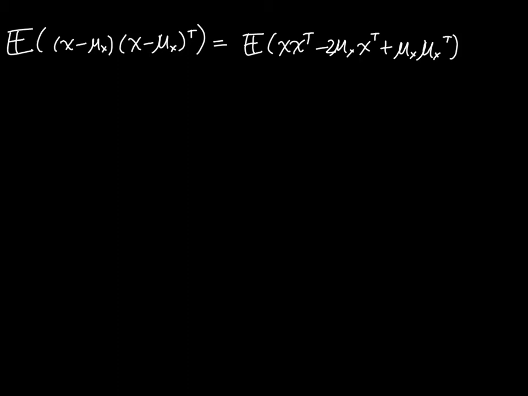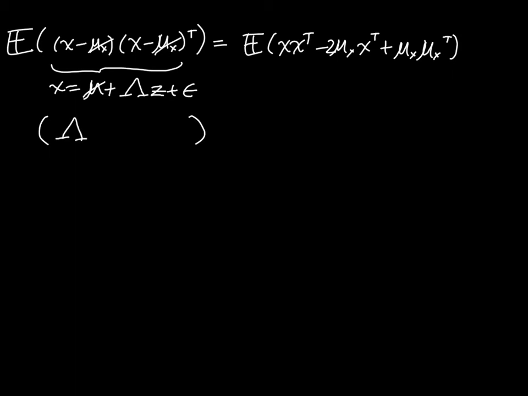Okay. However, this can be done in a little bit simpler way. You can do this, and then we can expand and see that it cancels out. But you can just expand right from here. So you know that x is equal to mu plus lambda z plus epsilon, right? Then this mu and this mu cancel out, right? So you get lambda z plus epsilon, times lambda z plus epsilon transpose.